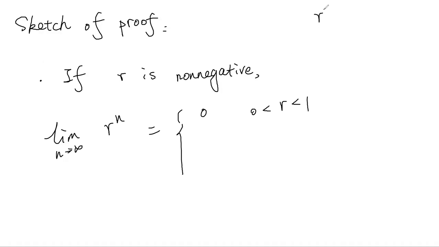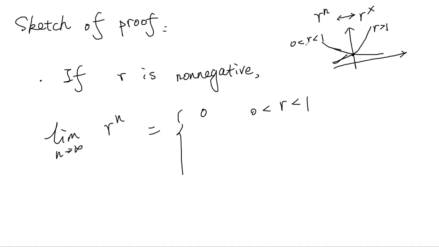If we consider it as a function, this is r to the x, an exponential function. It is decreasing to 0. It has the x-axis as its horizontal asymptote, and it's decreasing if r is between 0 and 1.